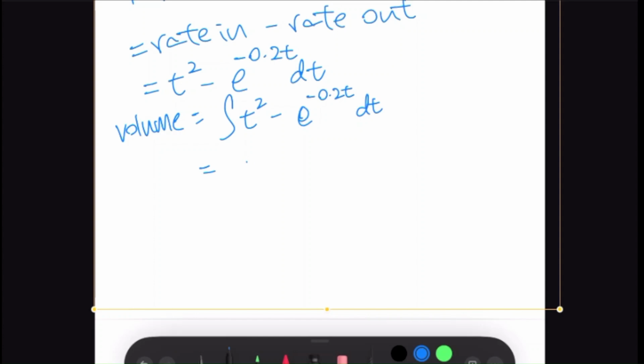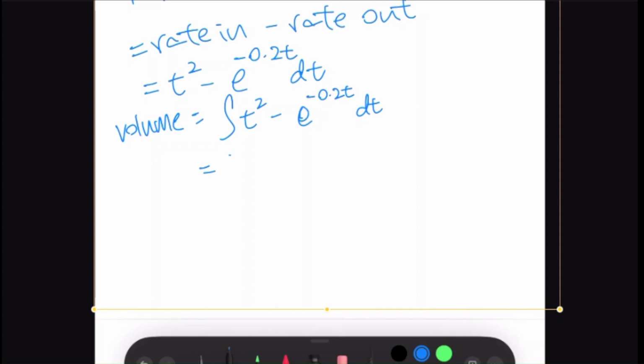This isn't what we have done in, yeah, this would definitely be in the complex range. I'm not sure if it's a CU quite yet, but if we want to move from rates into a concrete volume, then we have to integrate it.